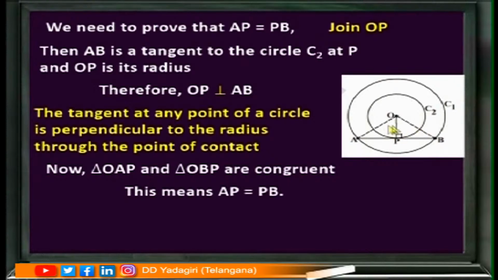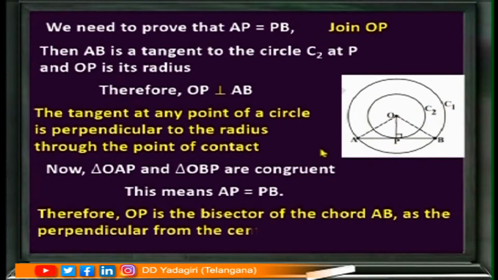So, these two triangles are congruent to each other. By CPCT, if two triangles are congruent, we can say AP is equal to PB. Therefore, OP is the bisector of the chord AB, as the perpendicular from the center bisects the chord.